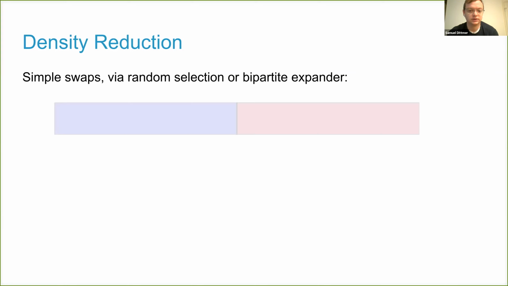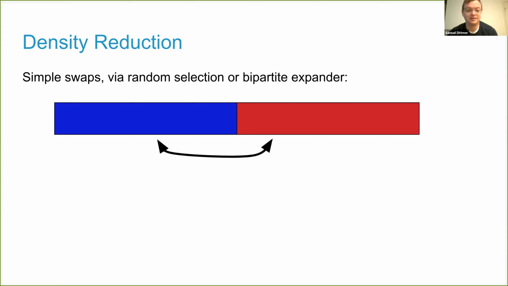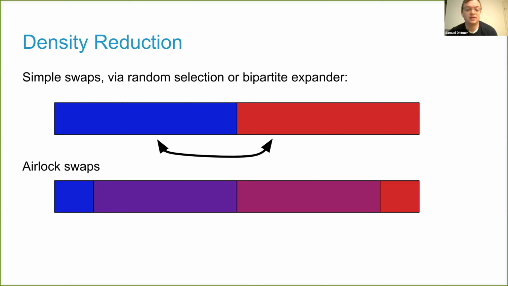So here is just a picture of the idea of getting blue on the left and red on the right by random swaps. And to improve this runtime, we divide it into 4 segments: blue, purplish blue, purplish red, and red.